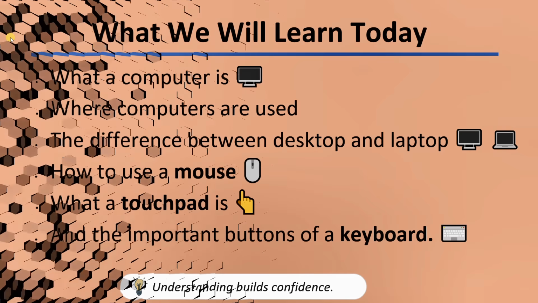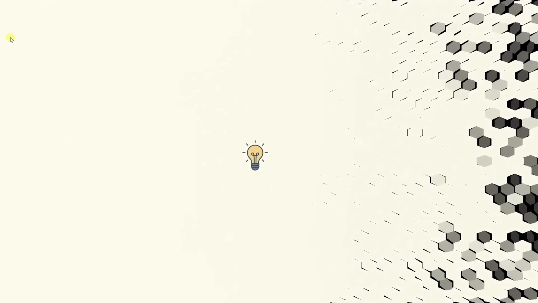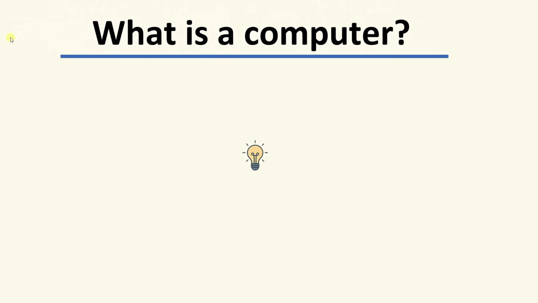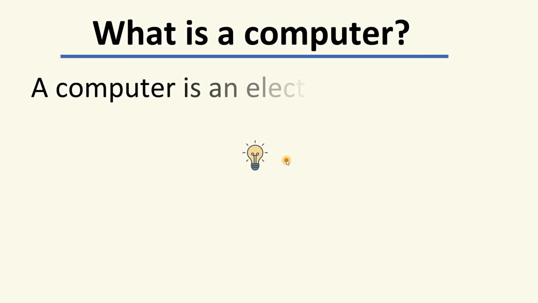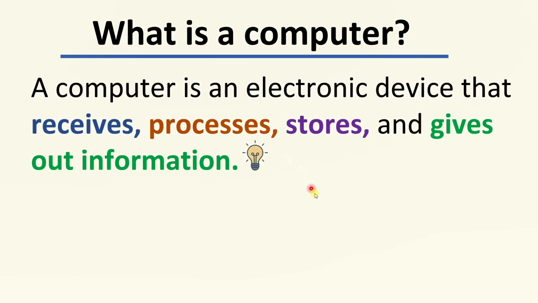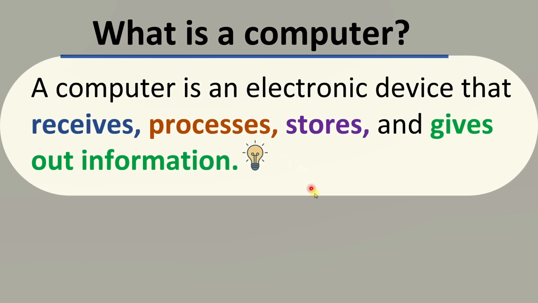So let's begin our first lesson with the big question: what is a computer? Let's break it down together. Now, I have a very simple definition of a computer here for you, and please take some notes.